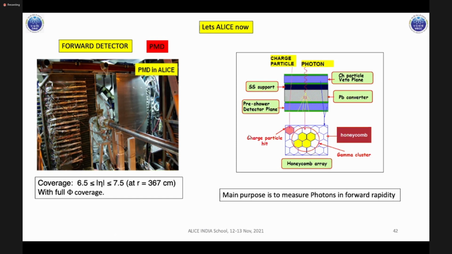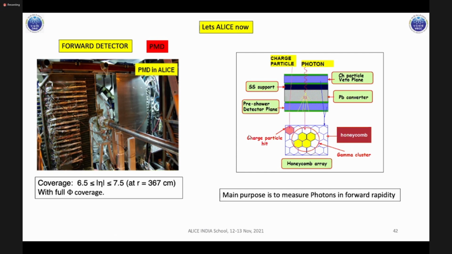And then, what is the methodology it will work? If a charged particle enters, it will give a signal and then passes through the absorber, do nothing, and again give a signal at the later layer. So one signal at the first layer and one signal at the last layer will tell you it's a charged particle.